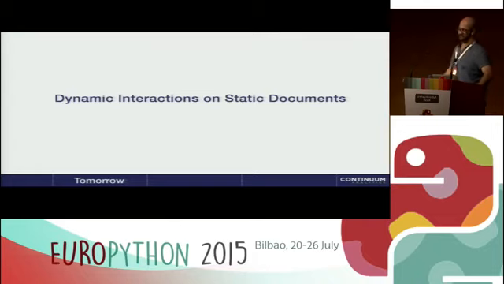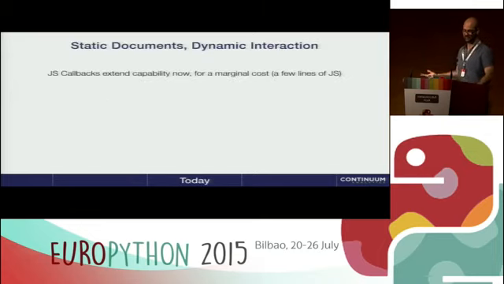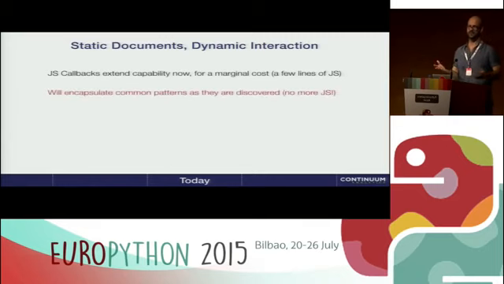One of the main important new things is dynamic interactions on static documents. With JavaScript callbacks, you now have the capability to create nice interactions within static plots with just a few lines of JavaScript.